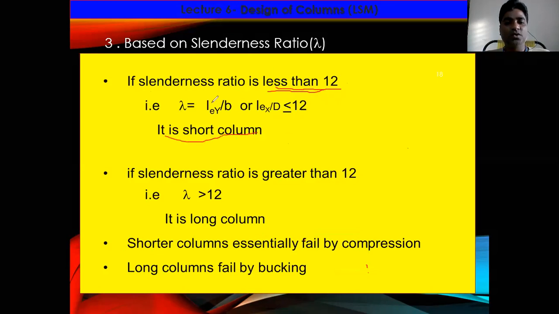That means lambda is equal to L effective by D, or LEX by D, is less than or equal to 12, then we classify the column as short column. That means it will fail due to crushing.